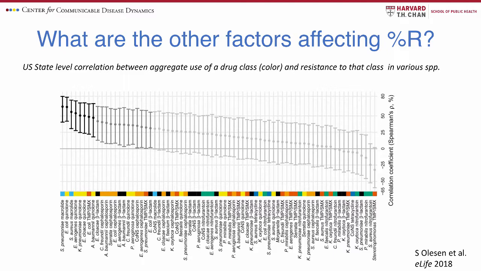And you can see that there is a correlation for most of them that's positive, sometimes statistically positive and sometimes just positive. But that correlation is never perfect. And it's often quite limited, and so that tells us that there are other factors besides the use of a single drug class that influence the prevalence of resistance, and that is really just beginning to be understood.